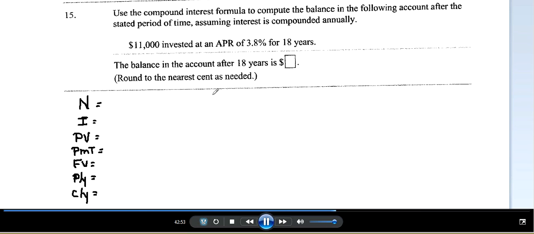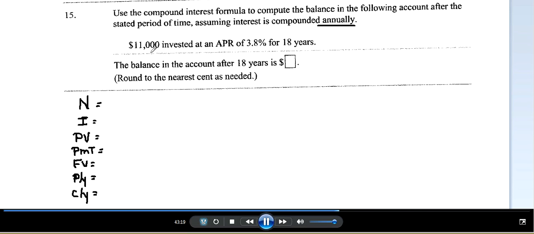Okay, here's another. Almost the same, different years, different amount of interest. So let's plug it in. Use the compound interest formula to compute the balance in the following account after the stated period of time, assuming interest is compounded annually. We know that annually means 1.